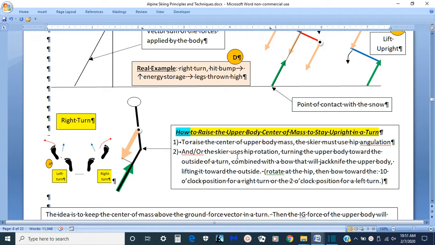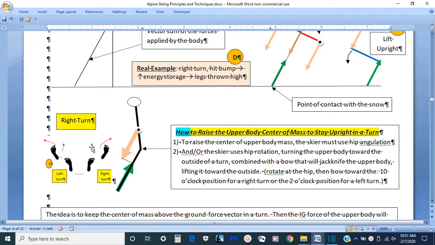The other way of doing it is with a combination of hip rotation and then bowing towards the outside. So the idea is this. When you do slip and slide, remember you're doing a right turn, so you slip the inside foot forward and the outside foot back. What that's going to do is shift your upper body to twist and rotate to the outside, in this case to the 10 o'clock position.